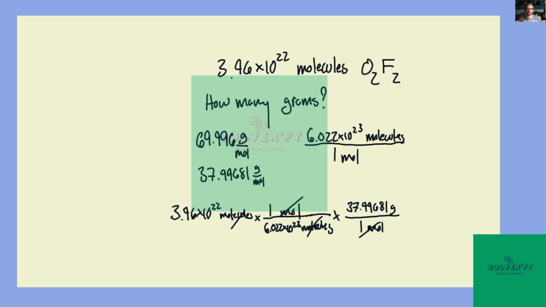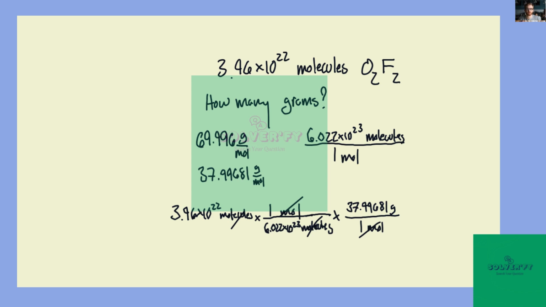So now let's put this into our calculator, 3.96. And then I use the EE button to do 10 to the 22nd. I say EE22. Then I'm going to divide by 6.022 and do EE23. And then I'm going to multiply by 37.99681.